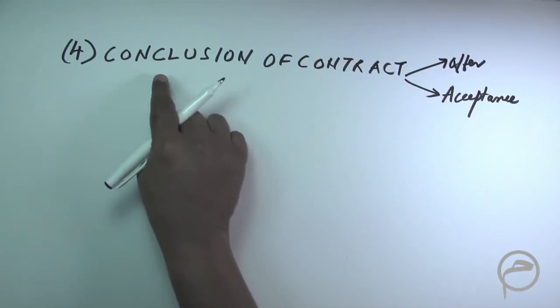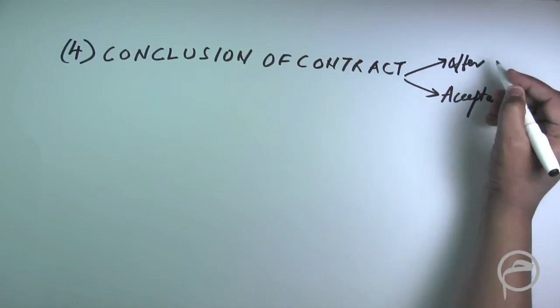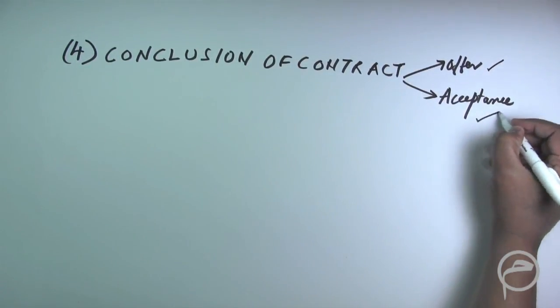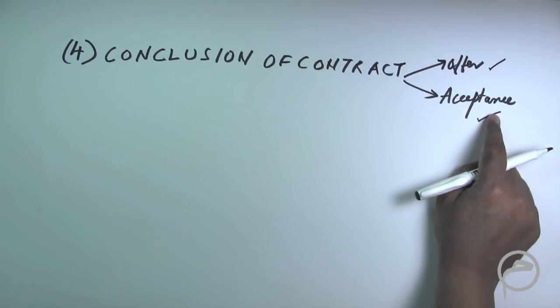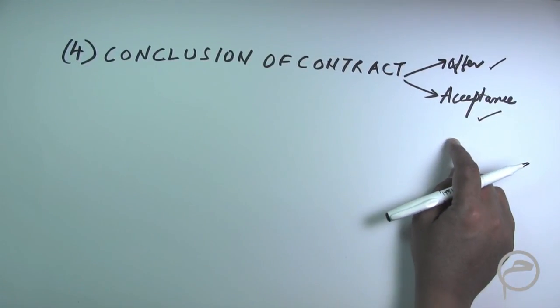So the fourth principle talks about conclusion of contract, and in the conclusion of the contract there is an offer which is made by the seller and an acceptance which is made by the purchaser. As we have discussed, the nature of offer and acceptance is generally based on the customary practices.